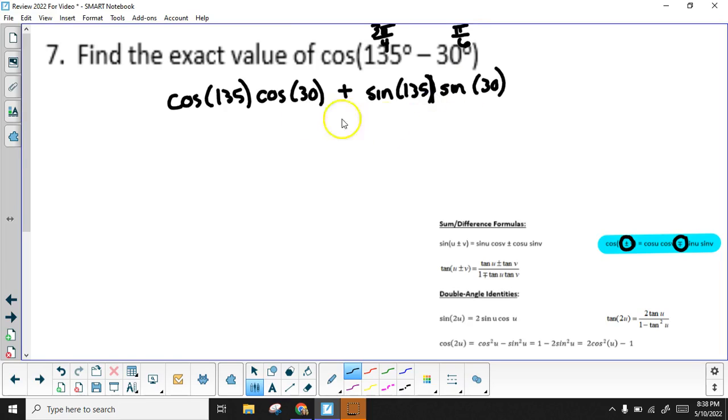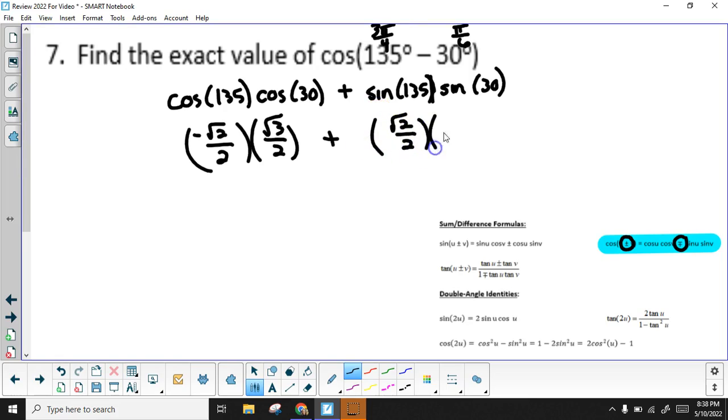And now we evaluate. The cosine of 135, that's in the second quadrant, so the cosine is negative root 2 over 2. And the cosine of 30, which is pi over 6, the cosine is root 3 over 2. Plus the sine of 135 is positive root 2 over 2, and the sine of 30 is 1/2.